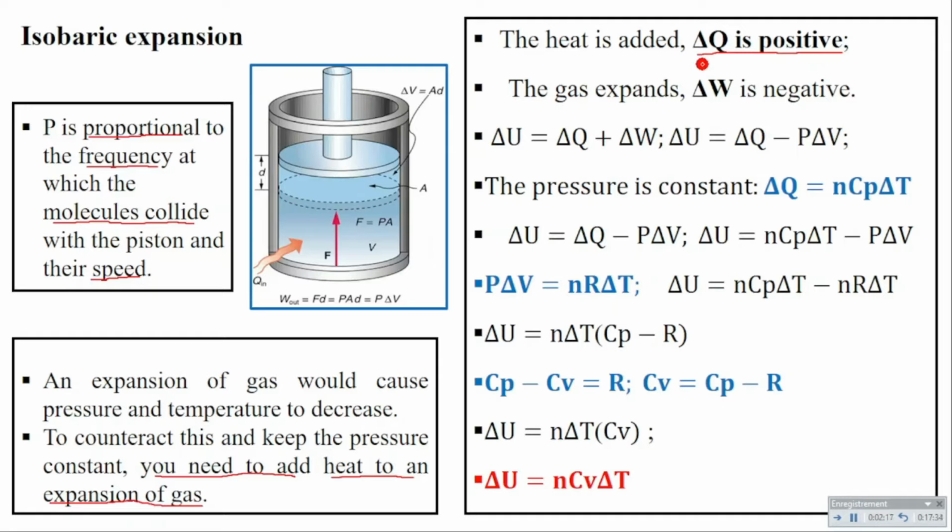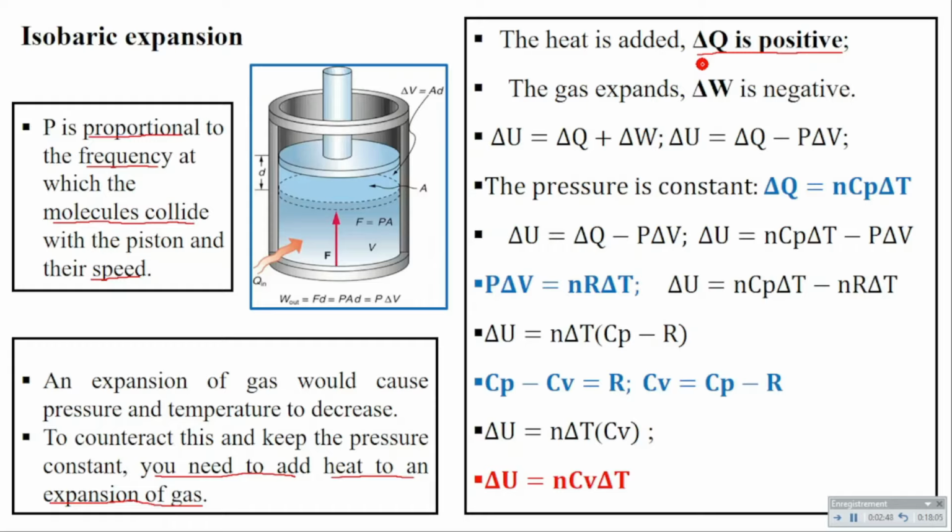People in physics use a different sign, but in chemistry, when we add heat, we use the positive sign. When the heat is removed, we use the negative sign. When the gas expands, we use the negative sign, and when the gas is compressed, we use the positive sign. So when you are in physics, you will see that there is different terminology and different signs used depending on chemistry or physics.